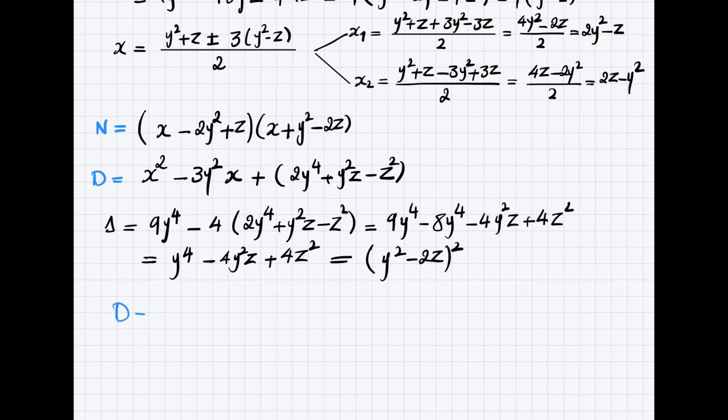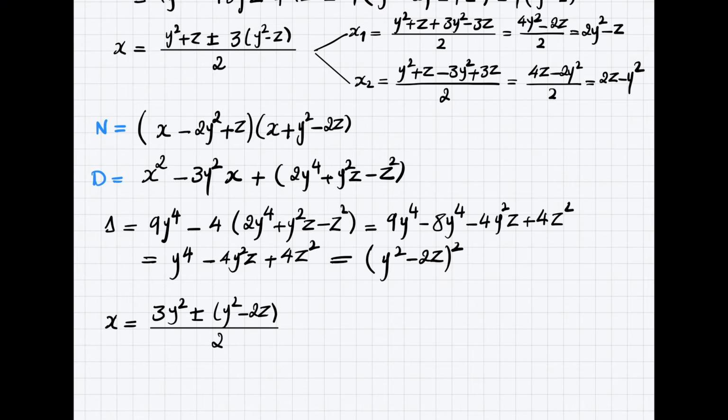I have to calculate the roots first. So x becomes equal to negative b. This is my b, so negative b becomes positive 3y squared, then plus or minus square root of delta. So square root of delta will cancel this power of 2, then I will get y squared minus 2z. Then I have to divide it by 2 times a, which is 2.